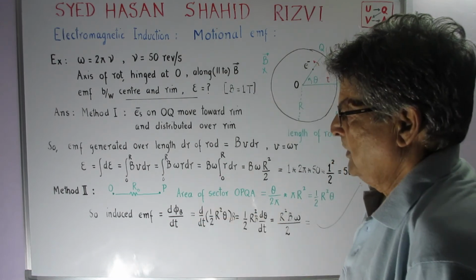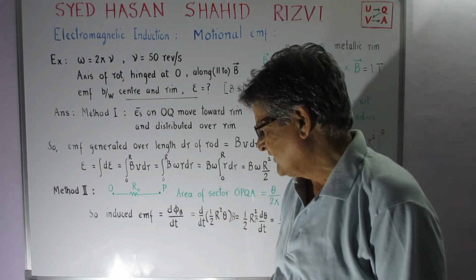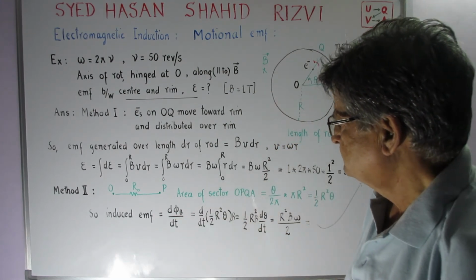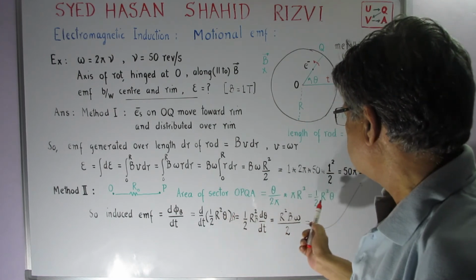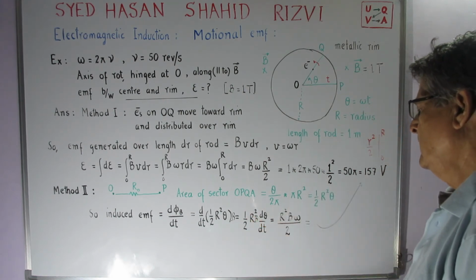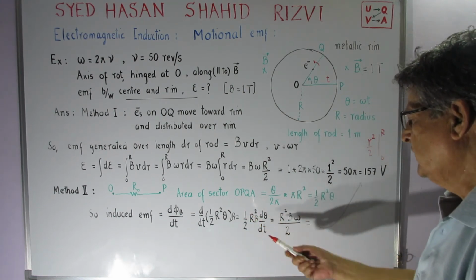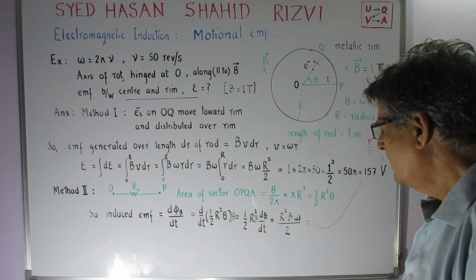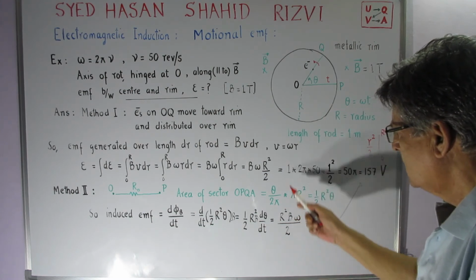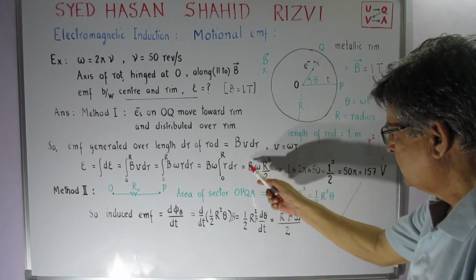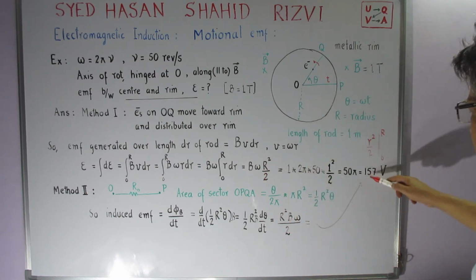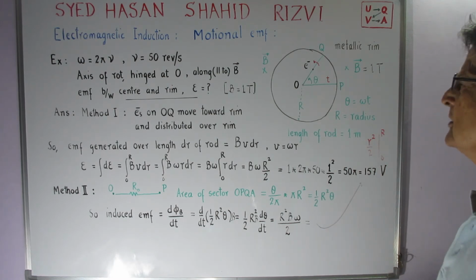So this is d phi B over dt, d/dt of half r square theta B. We take out d theta over dt, which is equal to omega. So this turns out to be r square B omega by 2. Then we substitute the values and we get the same result. So there are two ways to get the result.